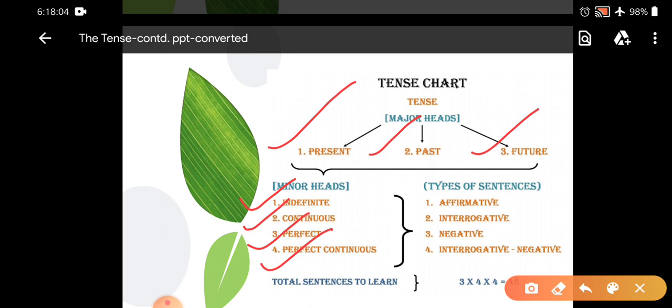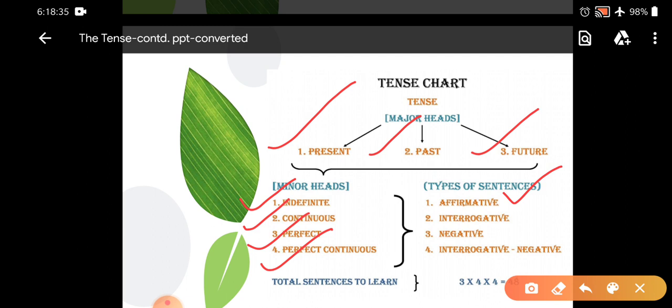Now, on the other hand, we will do a related study of tenses with respect to types of sentences. As you know, we have four types of sentences broadly, which are assertive, interrogative, exclamatory, and imperative. But here we are going to discuss four types of sentences which will be used in your study of tense, that is affirmative.